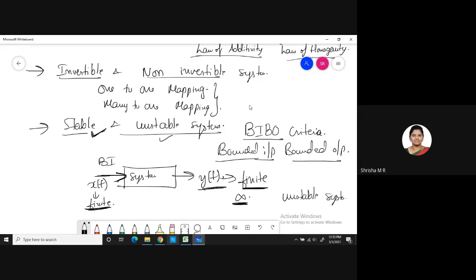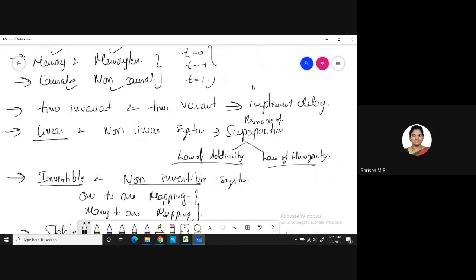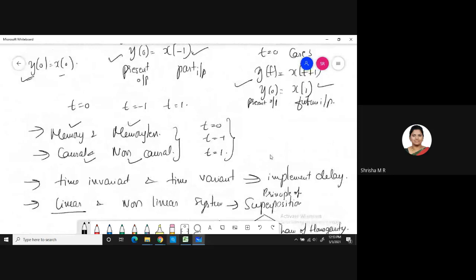Okay, this is a categorization of systems. So first I wish to start from memory and memoryless systems. Okay, is it clear till here? You're having some idea? So for memory, memoryless systems, causal, non-causal, we will be dealing with these.